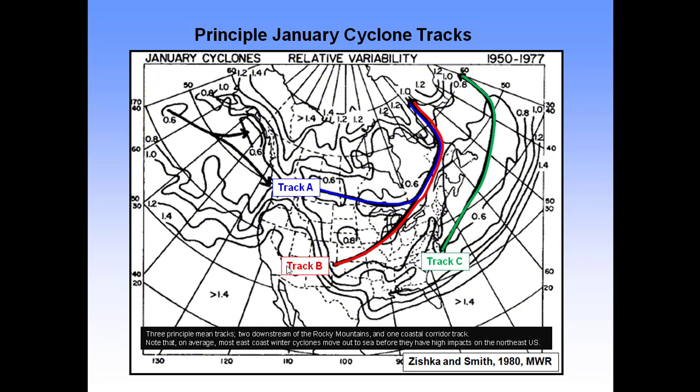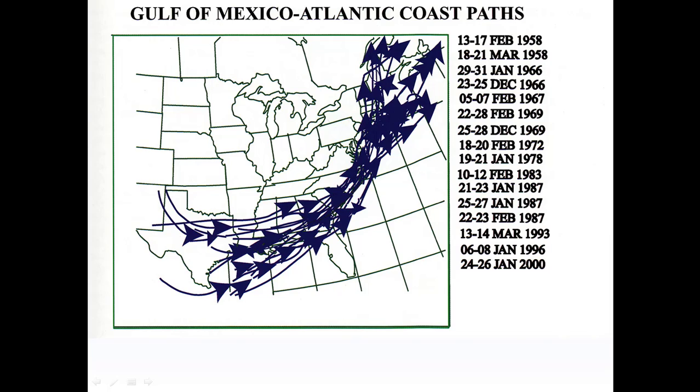And so track B and track C both have names, and that's what we're going to be discussing in the next section. So we're first going to start off talking about track C, because track C is the easiest track to really understand. Track C has a low pressure system that originates out of the Gulf of Mexico.